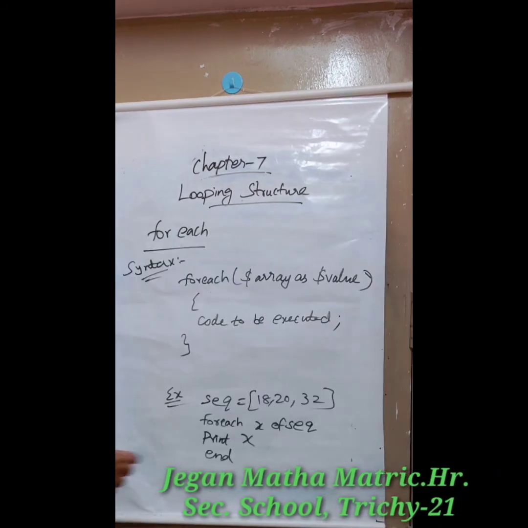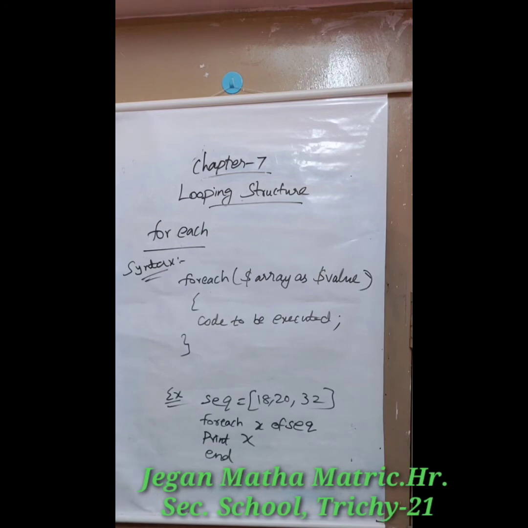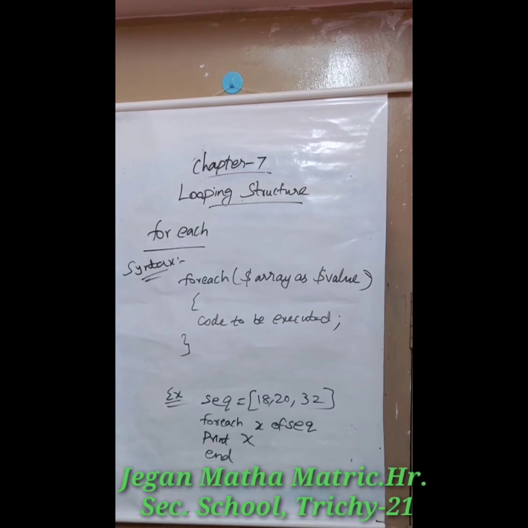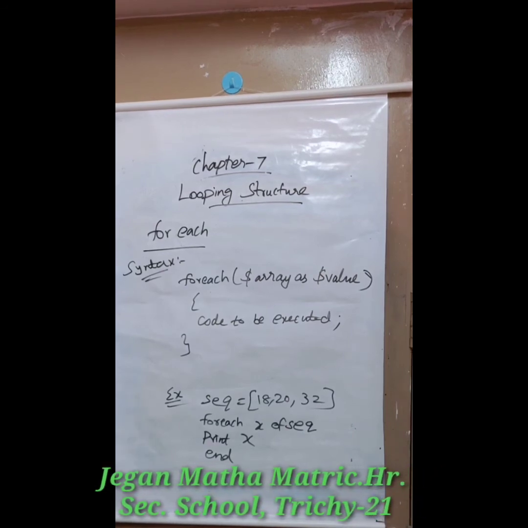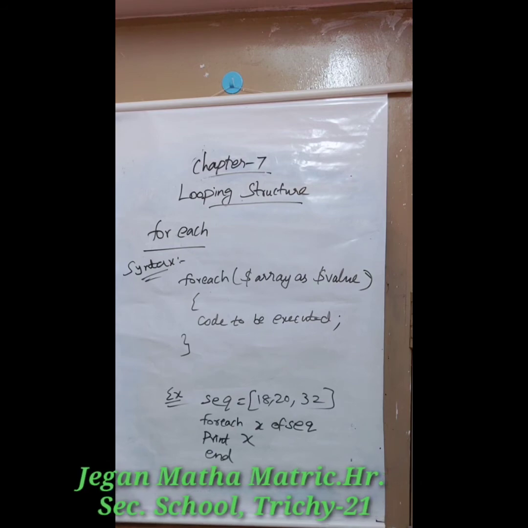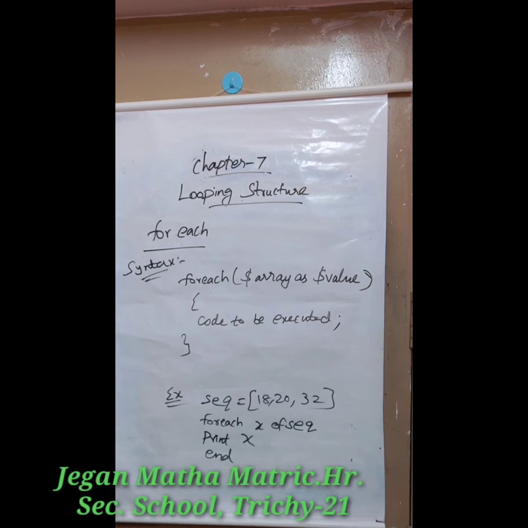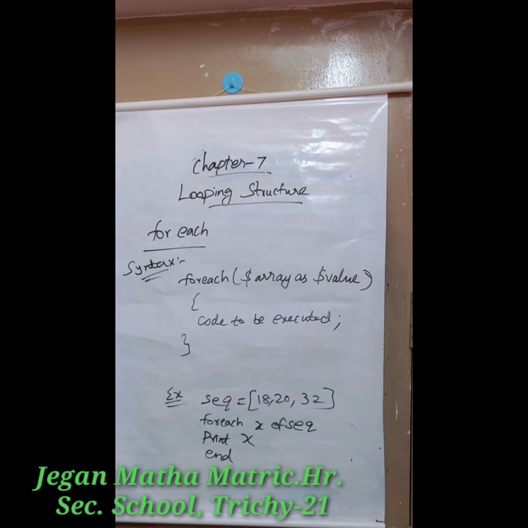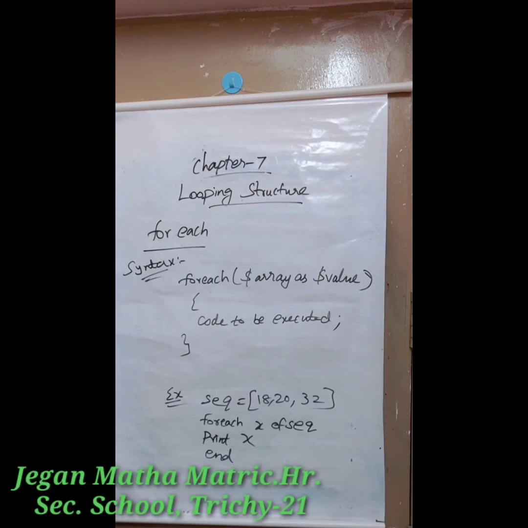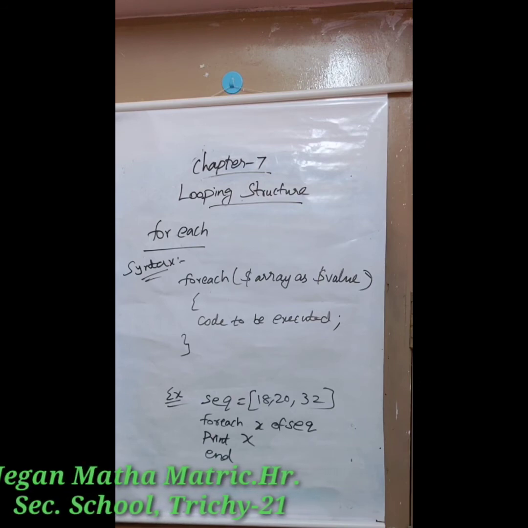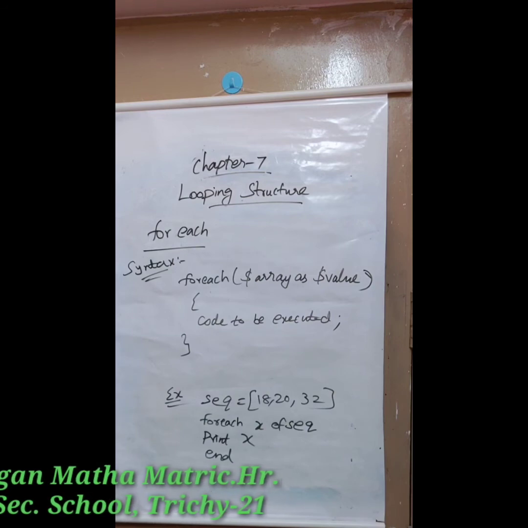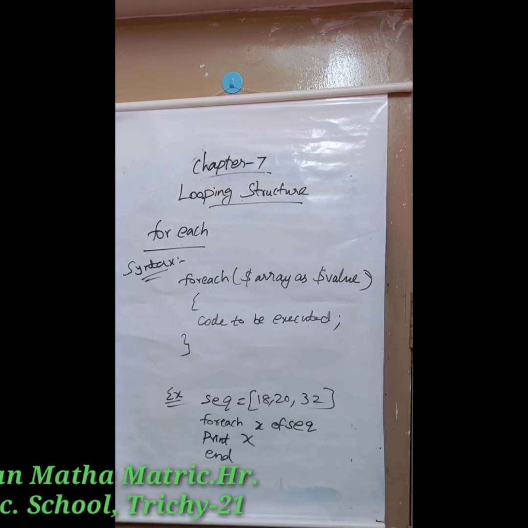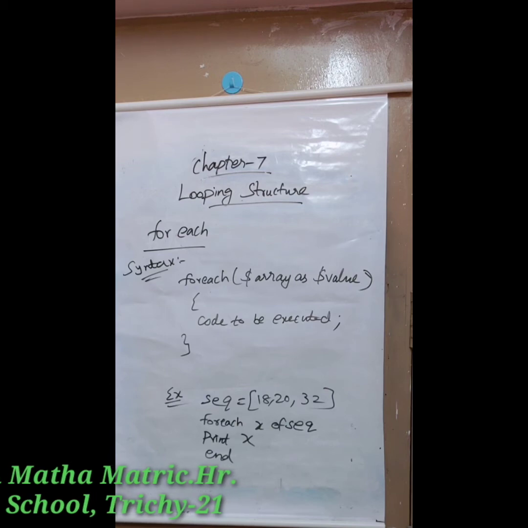The next one is foreach. The foreach loop is exclusively available in PHP, and it is mainly used for looping through the values of an array. We know that an array is used to hold several values. The loop iteration depends on each key value pair in the array.